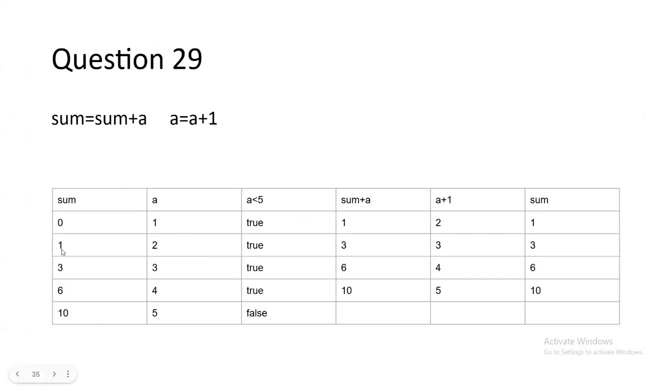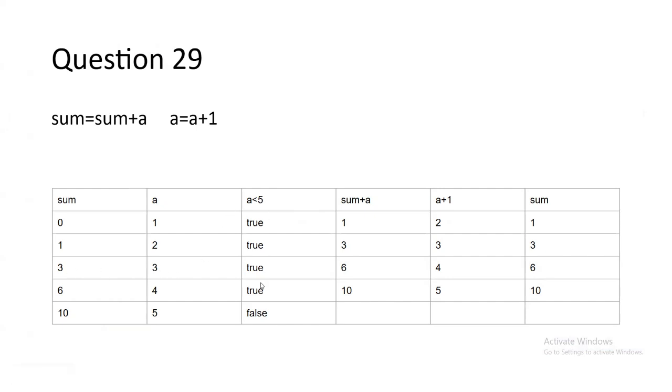And then your sum values are 1 and 2. These are the inputs. And you check whether a is less than 5, yes, 2 is less than 5. So then you are going to add this 1 and 2. So your sum will become 3. A will become 3. Then in the next one, these are the two inputs.